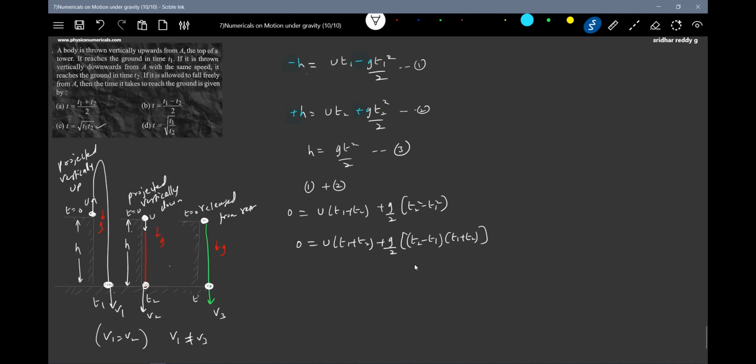So t1 plus t2 will go outside and get eliminated. So u is equal to u plus g by 2 (t2 minus t1) equals 0, or u equals g by 2 times (t1 minus t2).